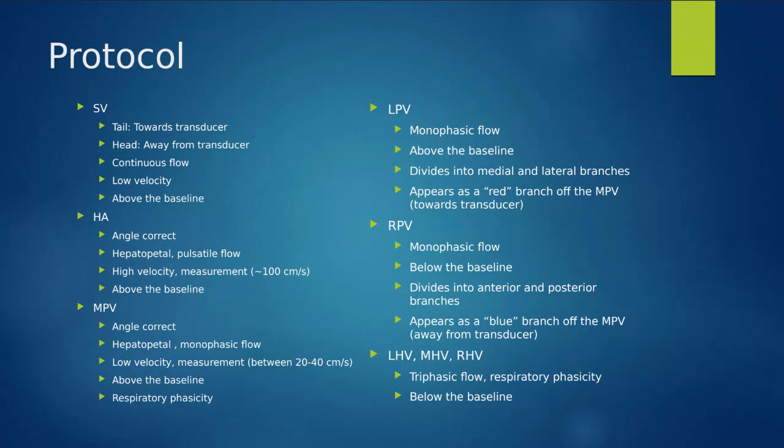abnormal. If we look at the picture bottom right, this is our normal picture, represented by red, which I would assume would be above the baseline of our color map, and our waveform is appearing above our baseline as well. Nice normal hepatopedal flow. And then our picture bottom left, this is bidirectional. So this is that hepatopedal and hepatofugal flow.